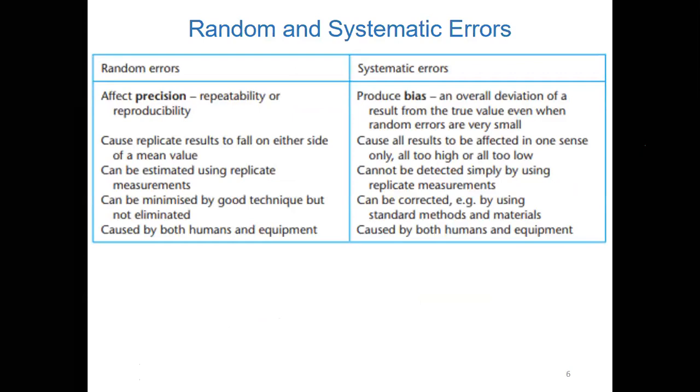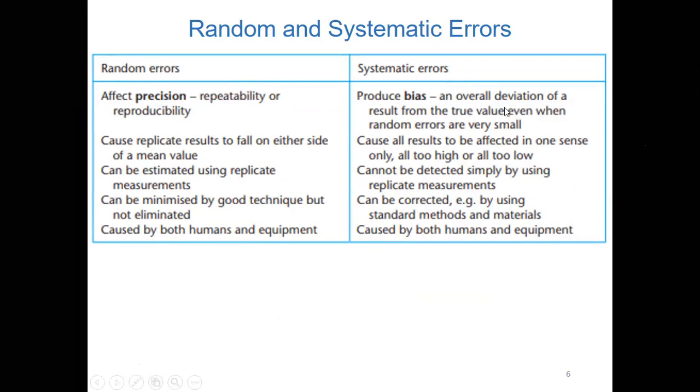And this is a comparison between random and systematic error. Random errors affect precision. We talked about that earlier also. They affect precision, either repeatability or reproducibility, while systematic error produces a bias.